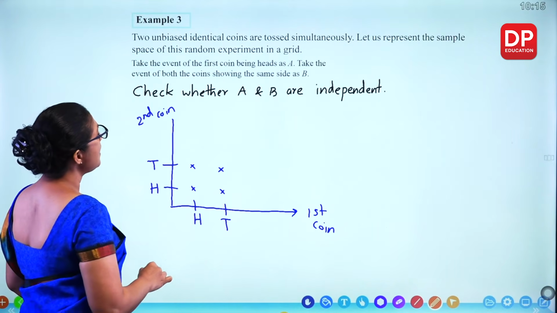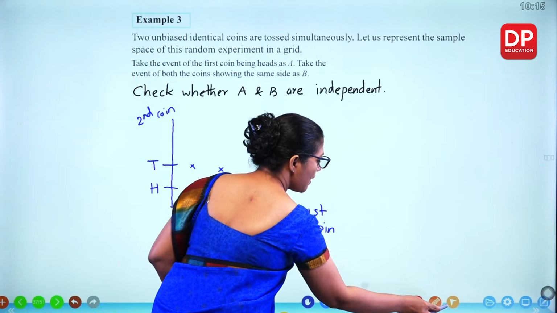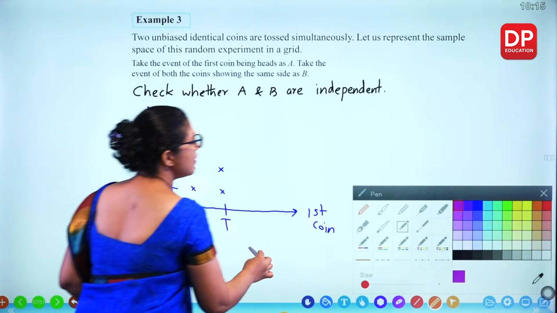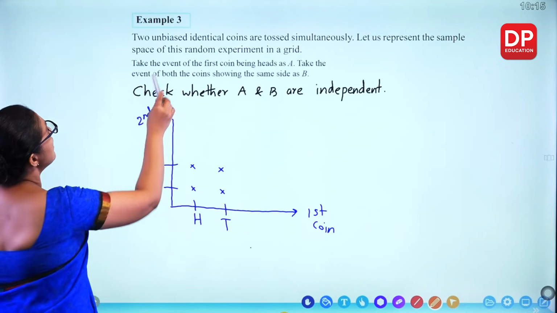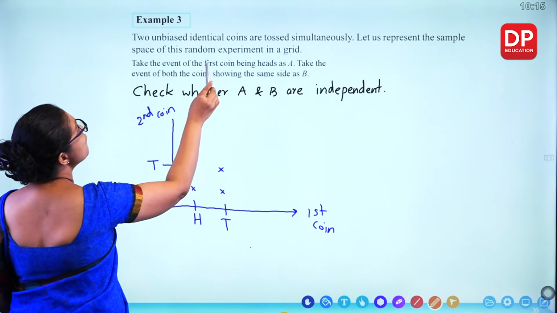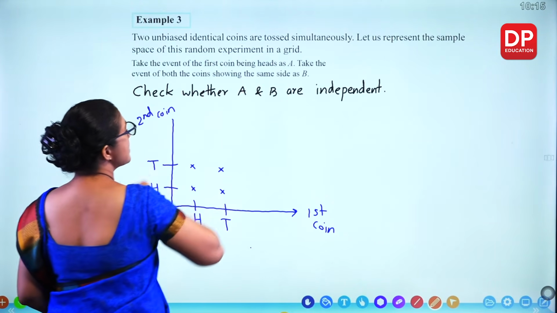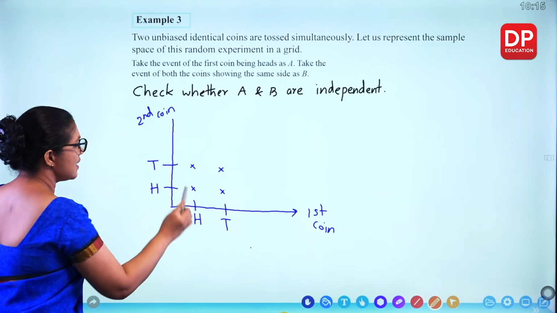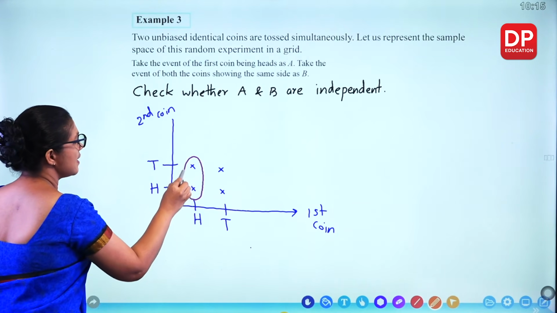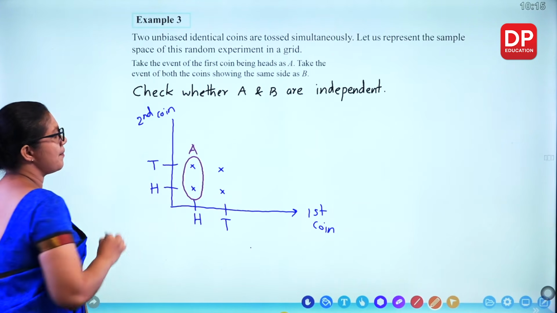So what is A? A we will mark in this color. A is the event of the first coin being heads. First coin being heads means this is event A.